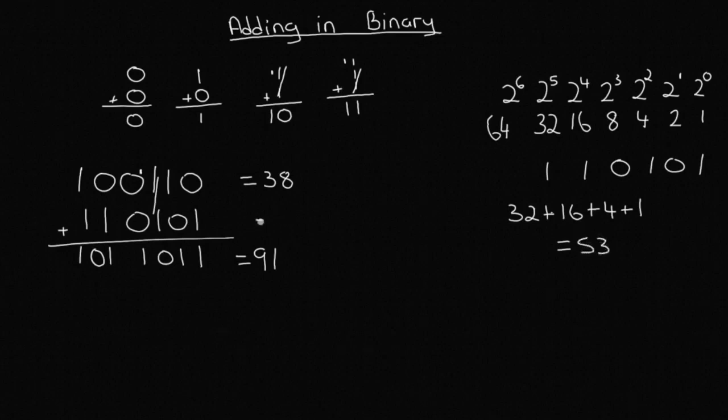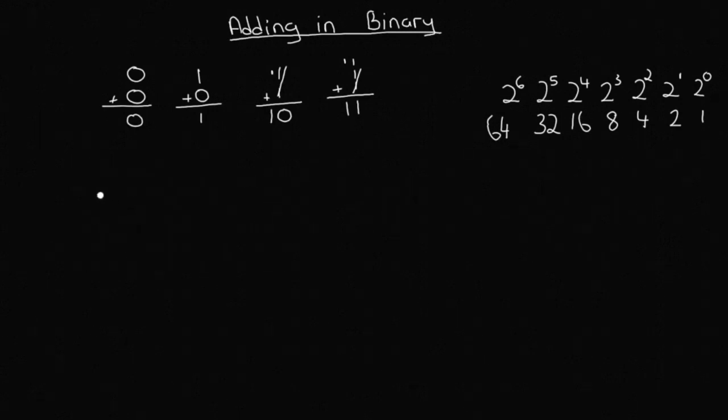So we can put 53 over here to make sure that we don't forget about it. So if we add 53 with our other number, which is 38, we get our total of 91. And this is one way we can make sure that our binary number that we've solved is actually correct.